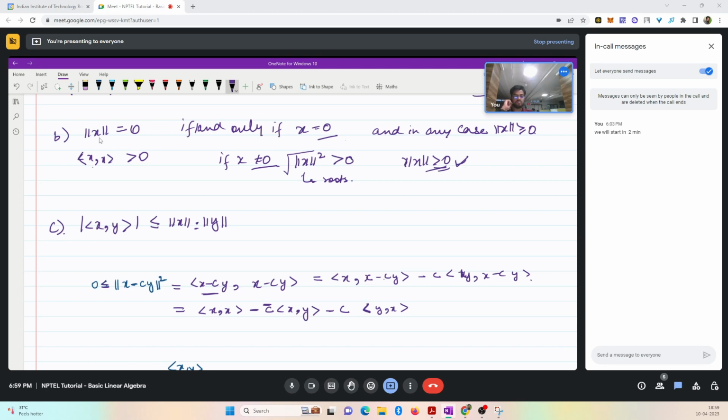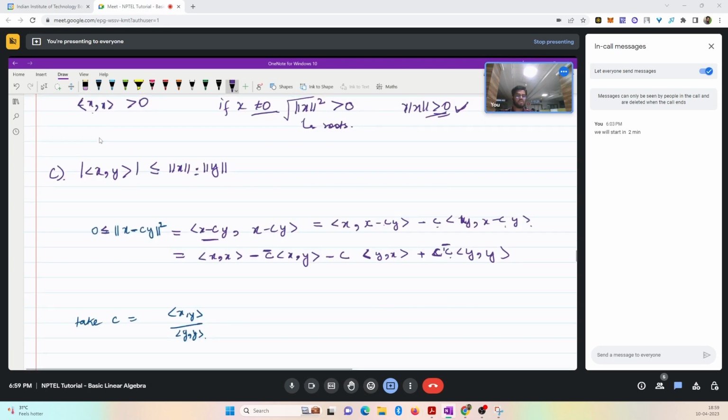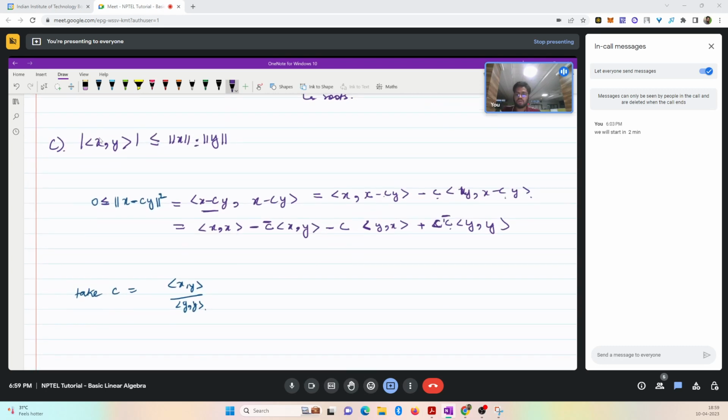And then you will get something as minus of minus, that is plus c into c conjugate <y, y>. So c from here and c conjugate coming out from here, and minus and minus becomes plus. Whatever quantity we have written over here is greater than or equal to 0. This is what we have obtained till now.